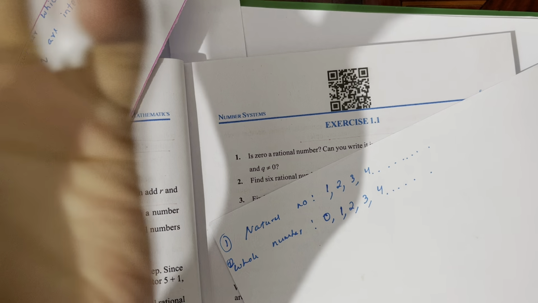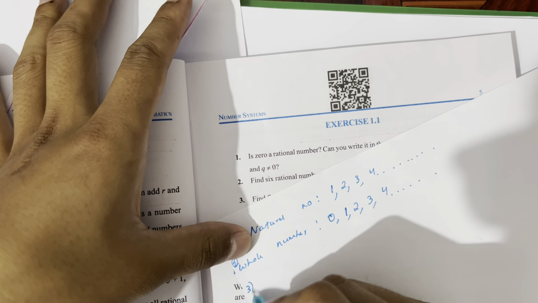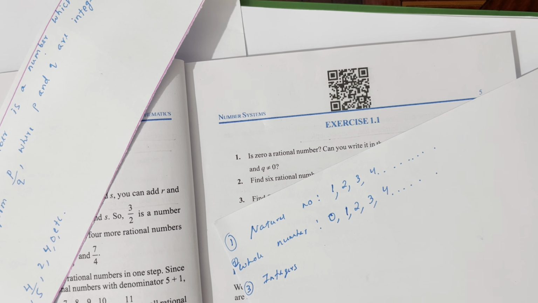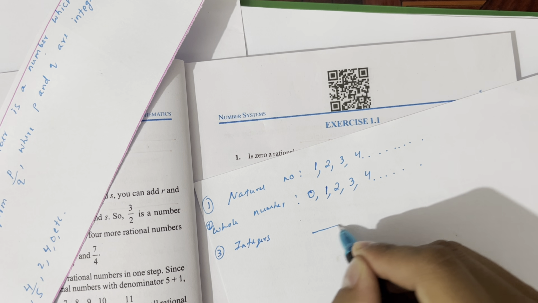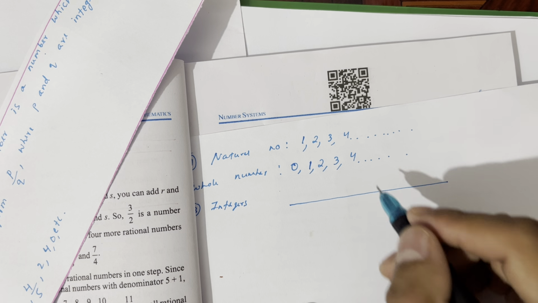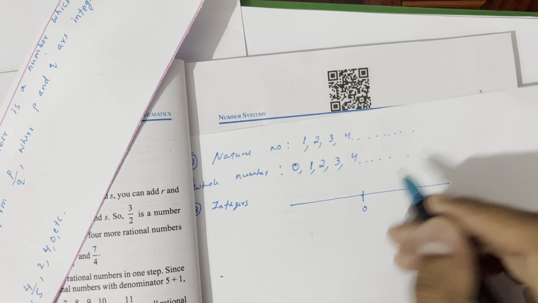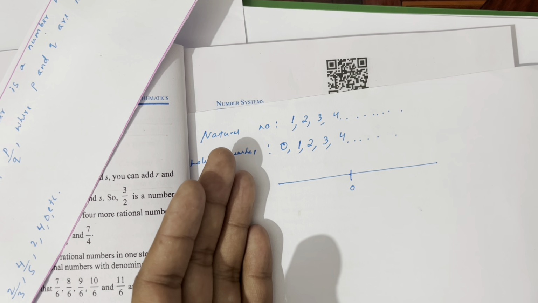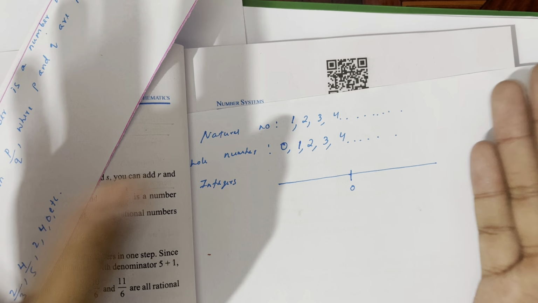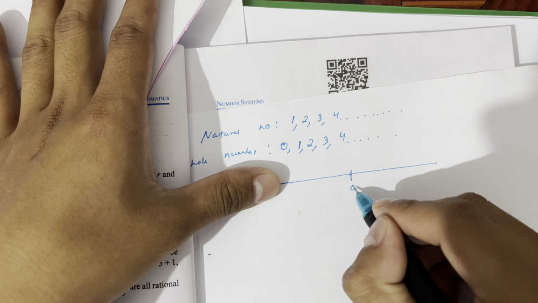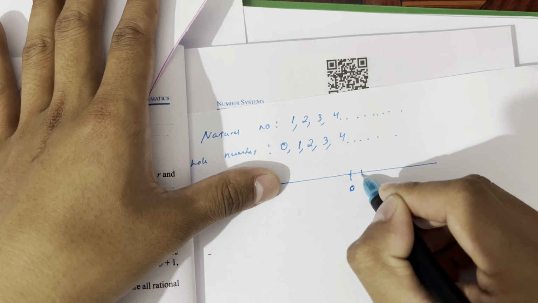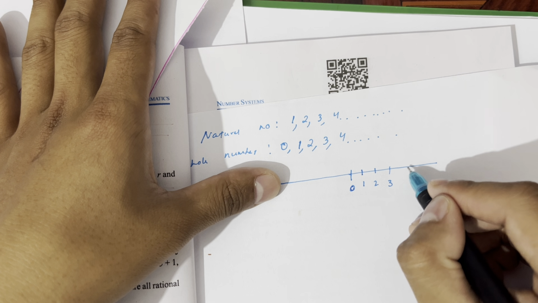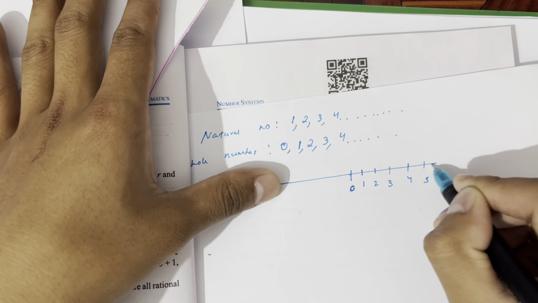Now integers. Let me draw this number line. Here we have 0. This side is the right hand side and this is the left hand side. On the right hand side we count 0, 1, 2, 3, 4, 5 and continue on.